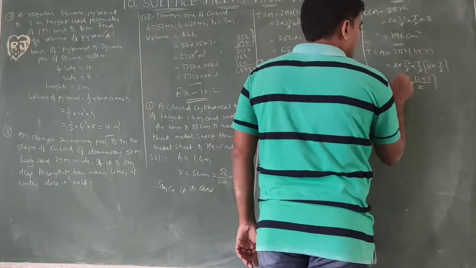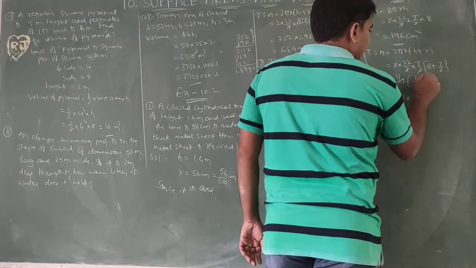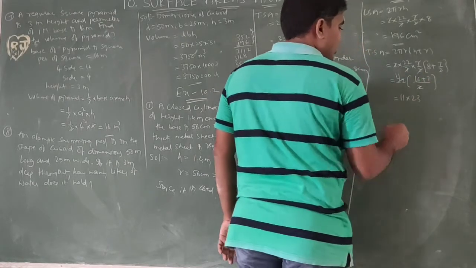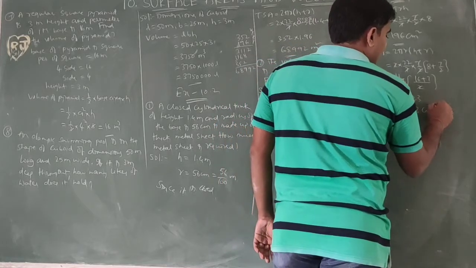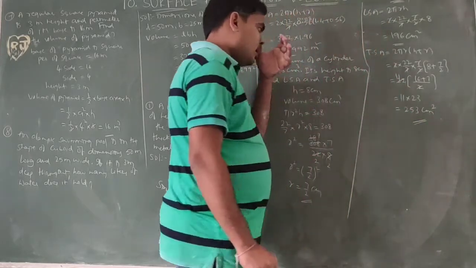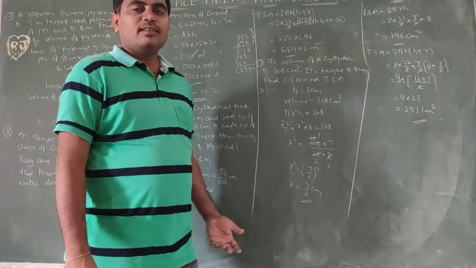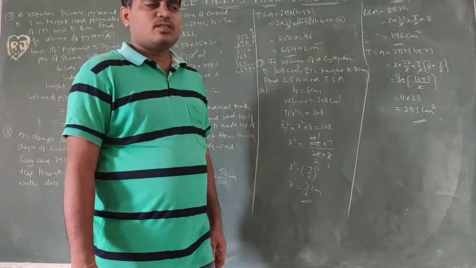So 2 into 1 2 into 11 11 into 20 16 plus 7 23. 11 into 23 253 centimeter square. So this is the total surface area. This is the required solution. Next question.